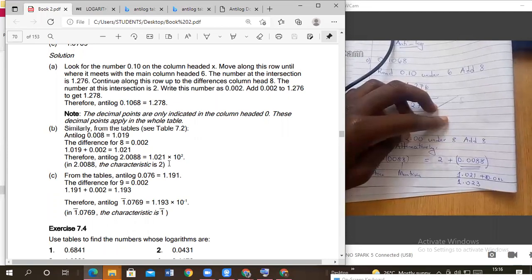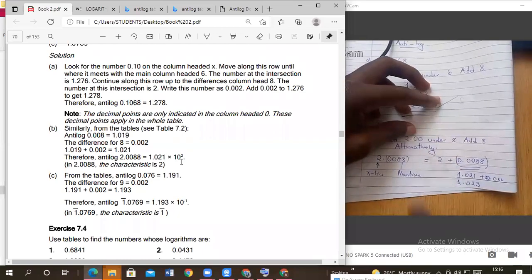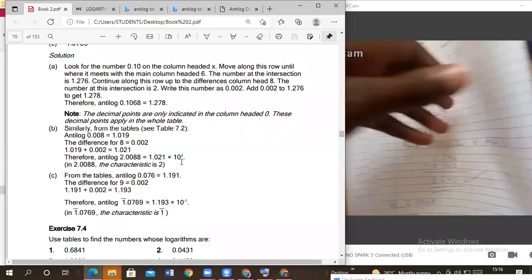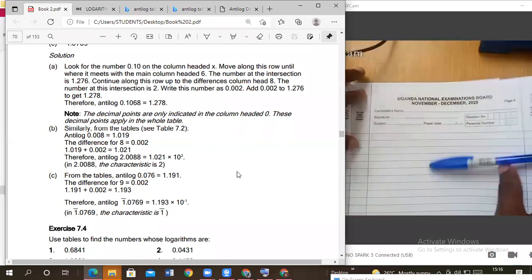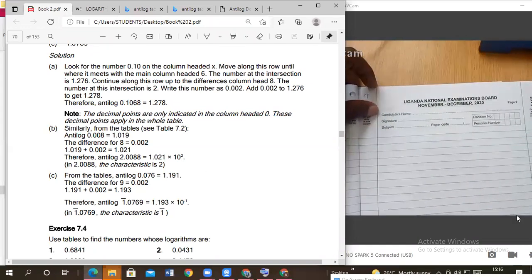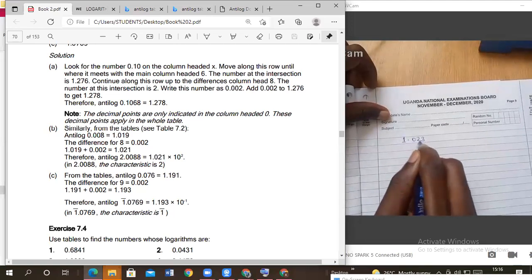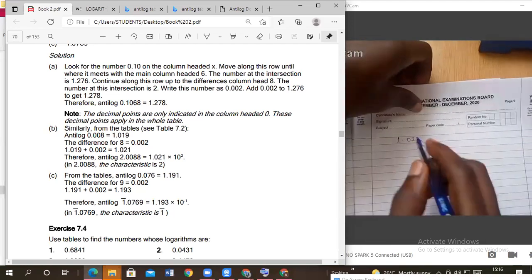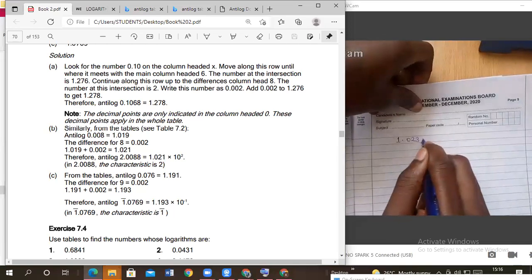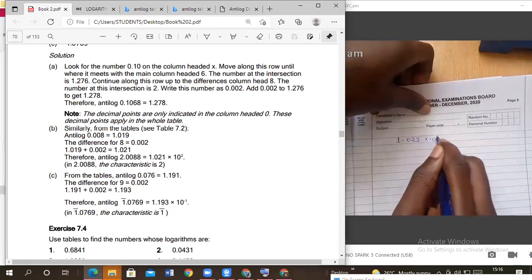Remember, our answer was this 2. How do we get that 2? So we are going to have 1.023, okay? Times 10 to the power 2 now.